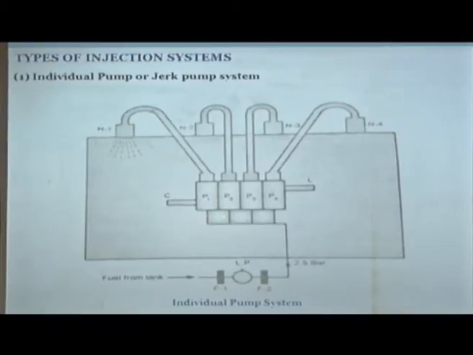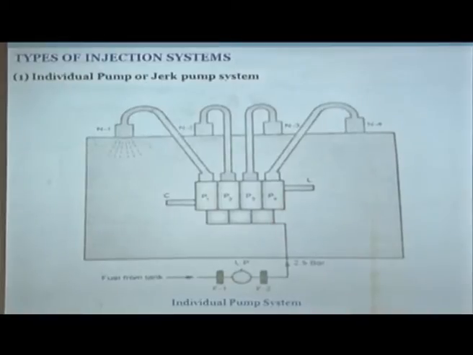Here you have the fuel pumps: P1 is the pump for the first cylinder, then the pump for the second, third and fourth cylinders, and they are connected to injectors. N1 is the injector for the first cylinder, then the second, third and fourth cylinders, and you have to make sure that these lengths are the same for all four systems. So this is how a jerk pump system overall looks.